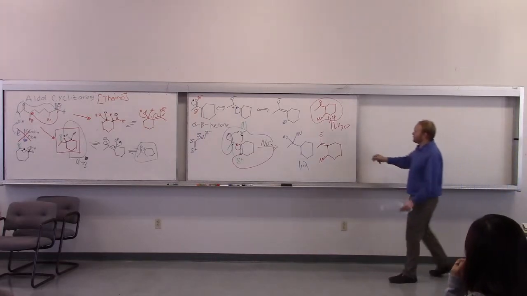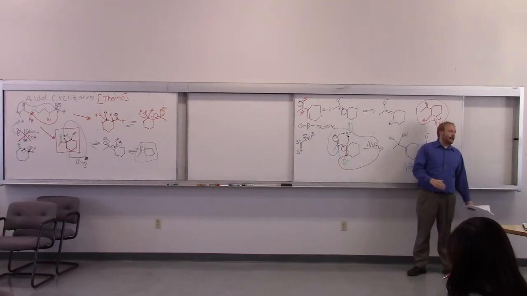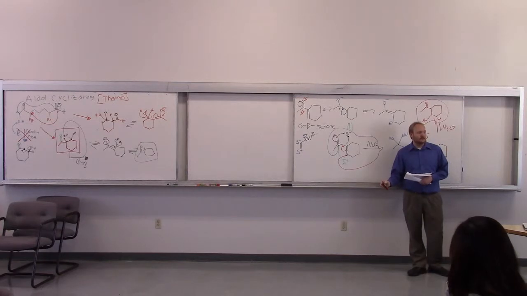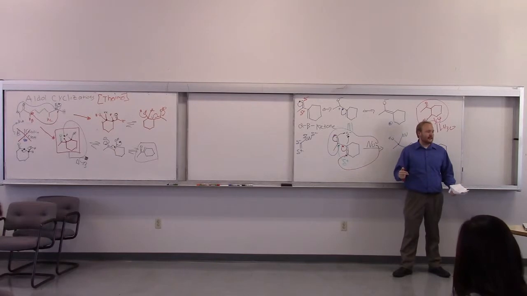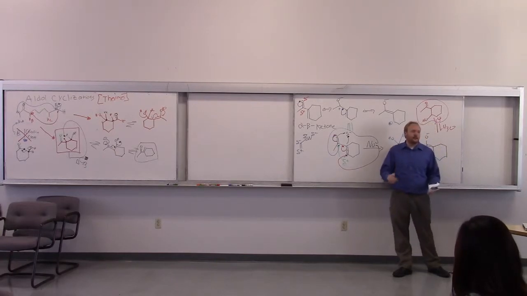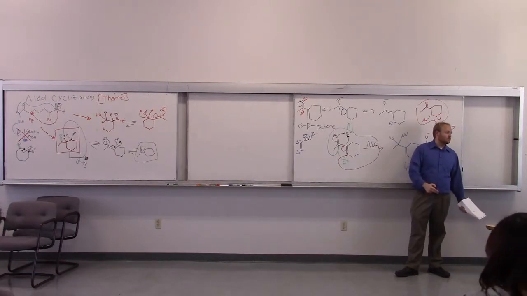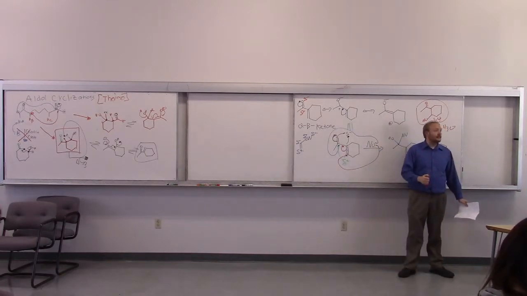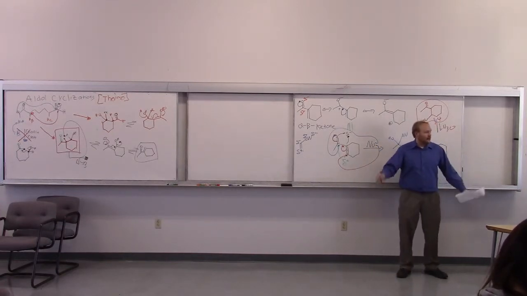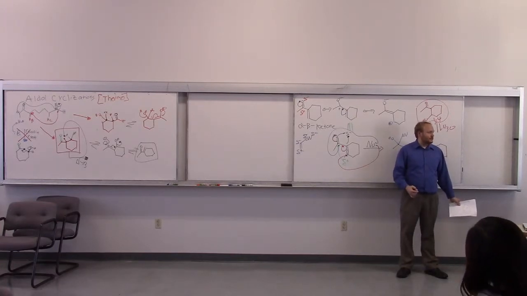And as I alluded to real quickly, it's thermodynamically favored to go 1,4, but it's kinetically favored to go 1,2. So strong nucleophiles like Grignards, alkyllithiums, lithium aluminum hydride, sodium borohydride are going to go 1,2. Weaker nucleophiles like amines, cyanide, alcohols, enolates are going to go 1,4.